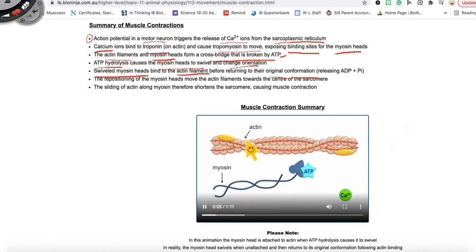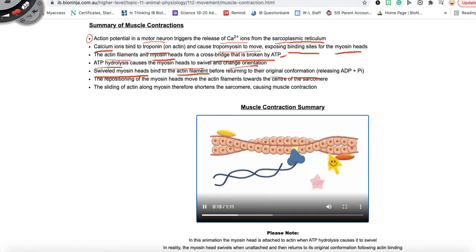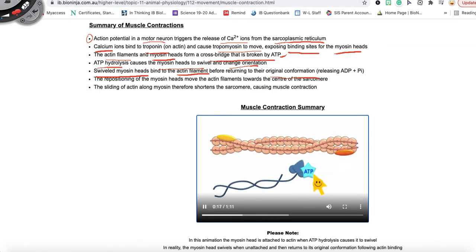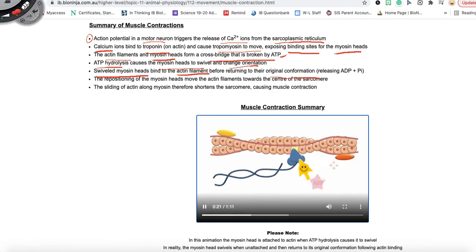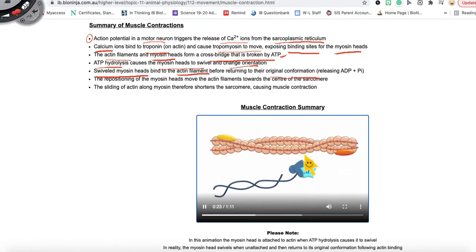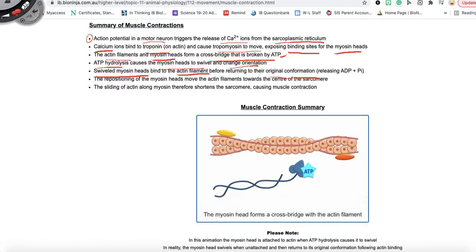Okay, the actin here, the binding sites, notice are covered, but calcium is going to go and bind to troponin, exposing sites, cross bridge, ATP causes the hydrolysis, so that now the myosin heads can kind of move, see, and then they move to the next binding site, and it's kind of like rowing. Okay, it's kind of like rowing, and that's what allows the muscle contraction.